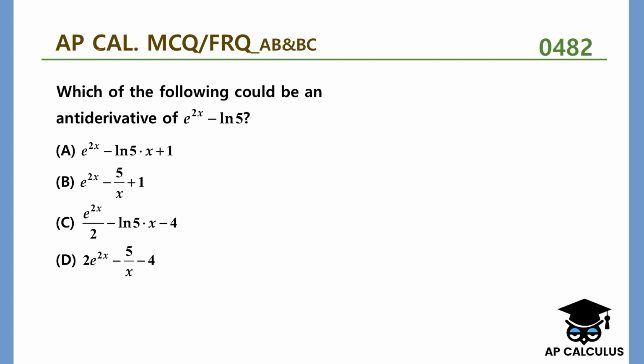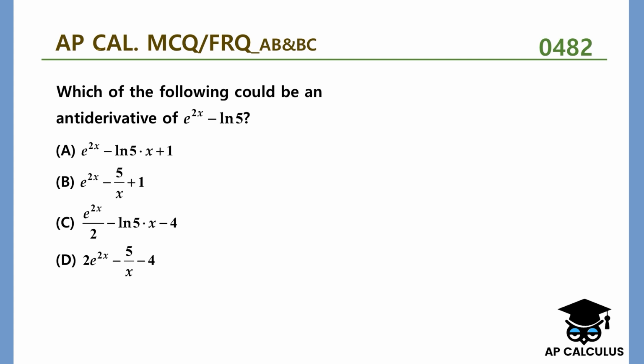Question 482. Which of the following could be an antiderivative of e to the power of 2x minus natural log 5? In order to find an antiderivative of this expression right here, we're going to have to integrate this, right?